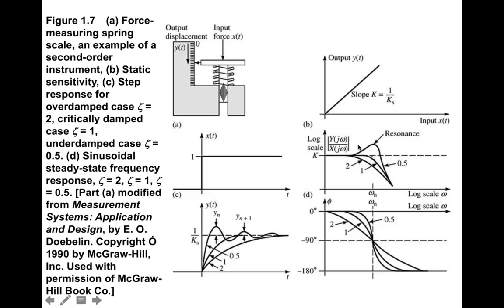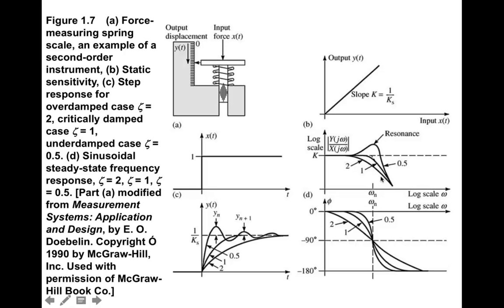This is the magnitude response. For that underdamped system, you get a little resonance peak here. For the critically damped and overdamped, you basically just get a decay at the cutoff.